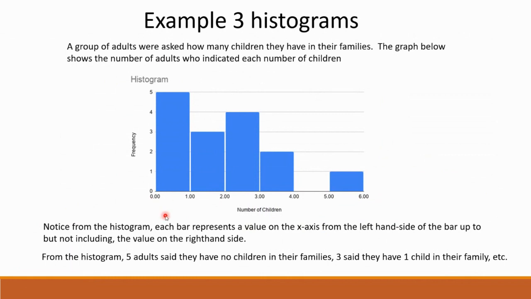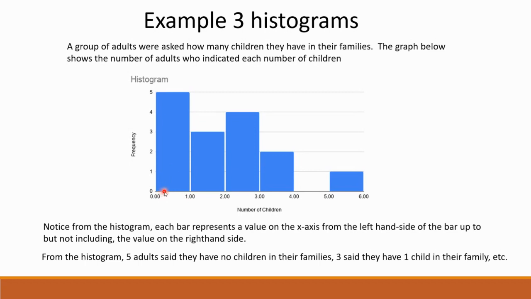And again, this is what I was saying before. I have it written here. Each bar represents the values bigger than or equal to the left endpoint, but strictly less than the right endpoint. In the context of this question, you can only have 0 here.